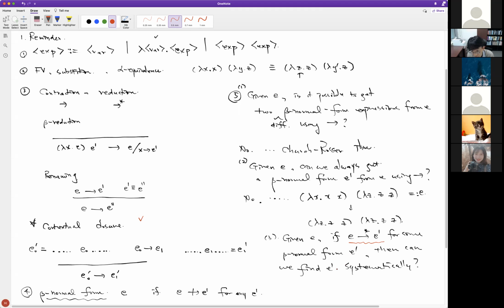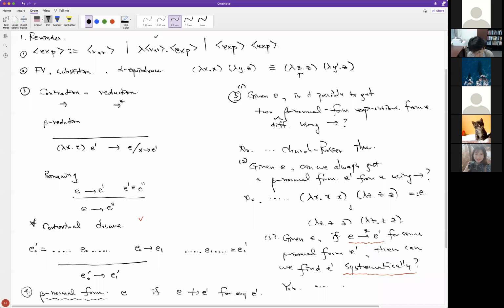But by systematically, I mean, can we write an algorithm for choosing among these contextual closure rules, one that knows how to apply these contraction relations in a deterministic way, such that if we follow this algorithm, it will be as good as we can get in terms of getting a beta normal form. And the answer to the last question is actually also yes.